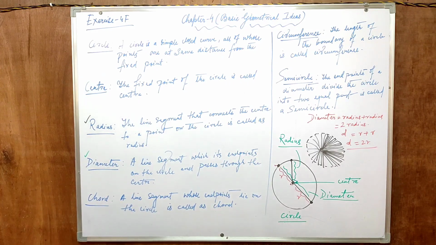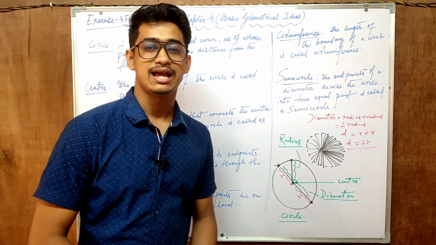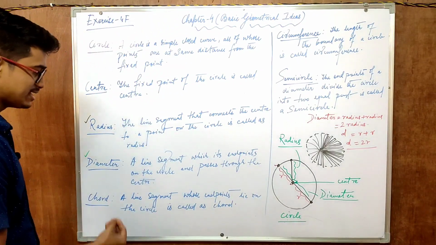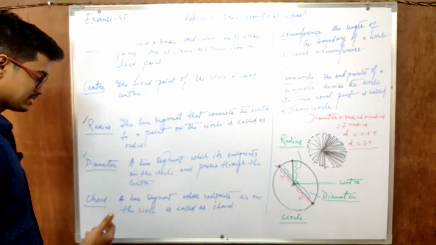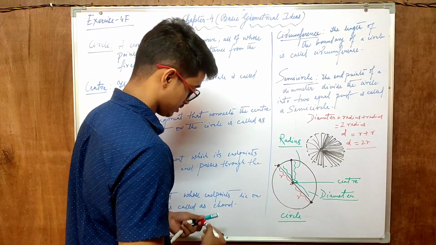concept, or you can say the next definition, is chord. The line segment whose endpoints lie on the circle. So they want a line segment that is formed in such a way that the endpoints lie on the circle. That's it.